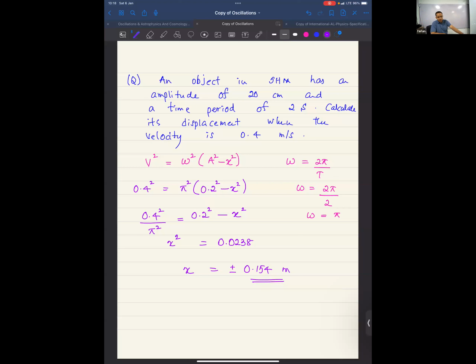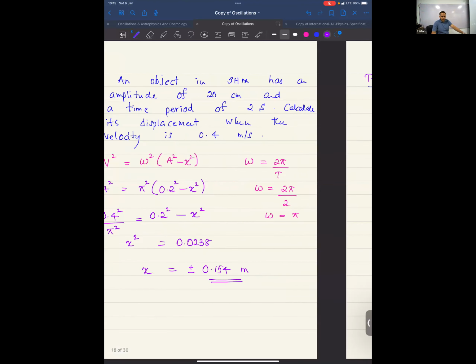One is on one side of the equilibrium point. The other is the exact same displacement on the other side of the equilibrium point. Is that okay? So that's why it is plus or minus 0.154 meters. Correct?